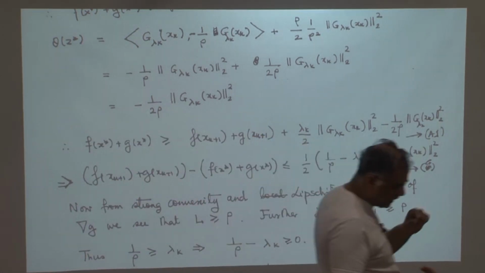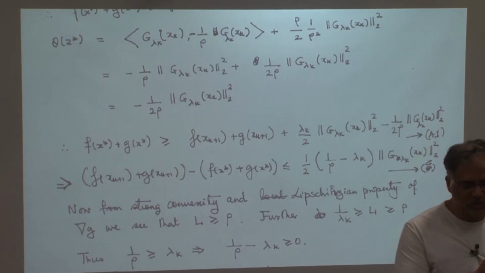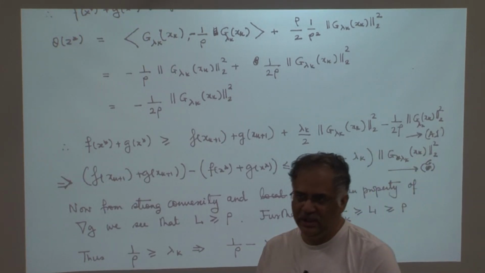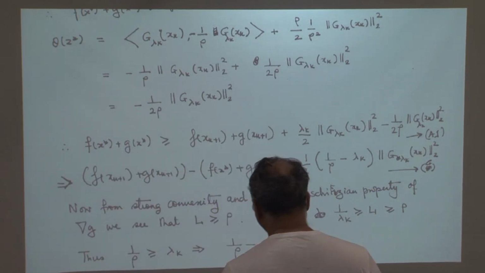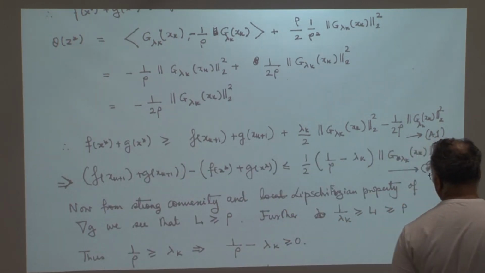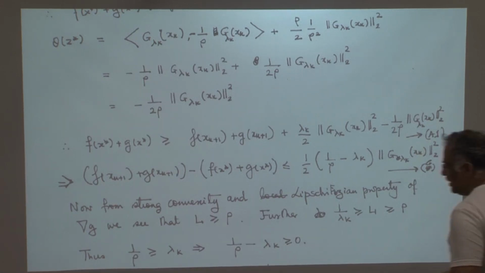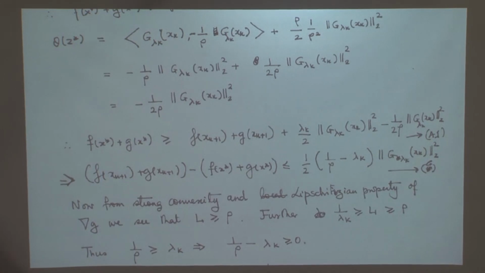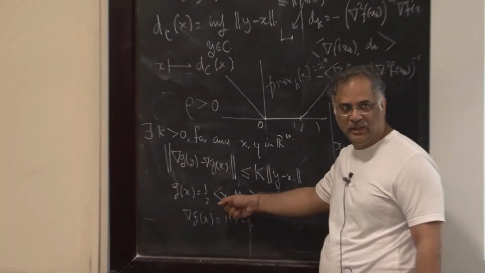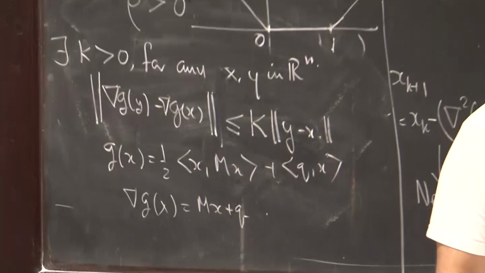Here we are coming with the fact that f is a convex function which need not be differentiable, G is a differentiable convex function which is strongly convex and has a Lipschitz continuous gradient, right. Because if you take G to be this with M positive definite, then it becomes a strongly convex function.